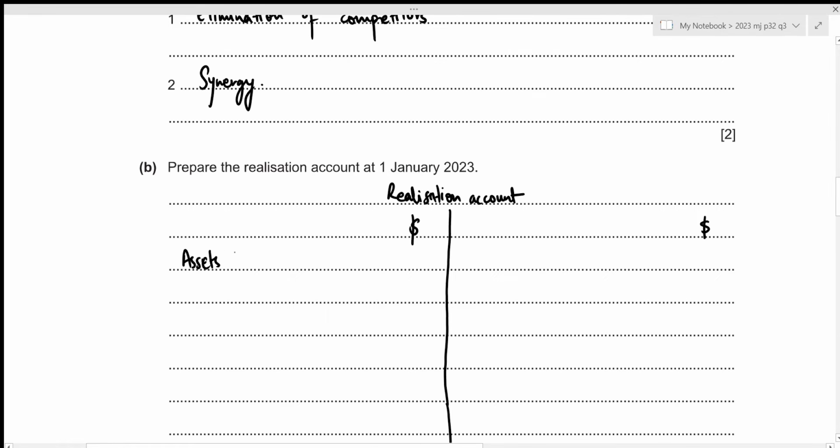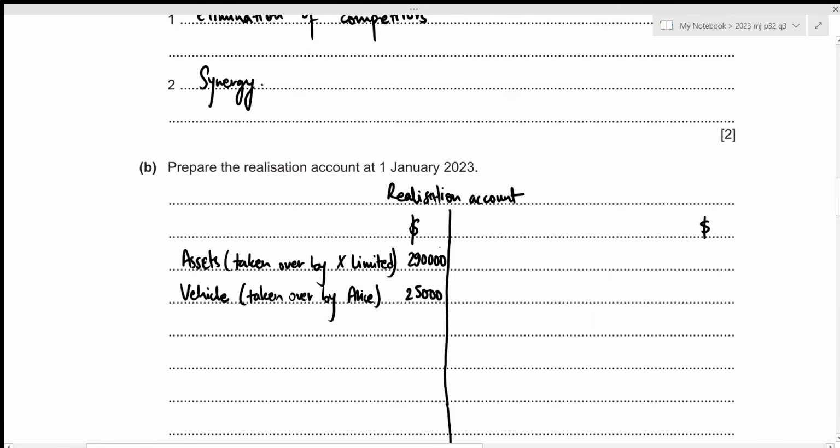So this is taken over by X Limited. This had the value of 290,000. Then there was vehicle, and this was taken over by Alice, which had the book value of 25,000.